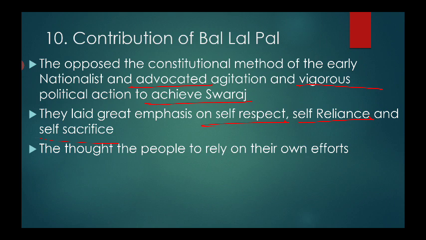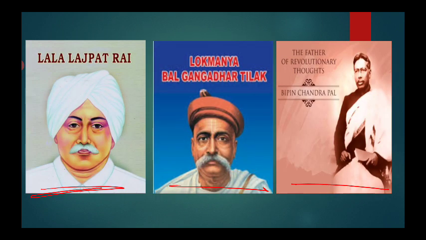So, what were the principles or objectives of the radical nationalists? The central principle or main objective of the assertive radical nationalists was that freedom is the birthright of every Indian. Every Indian deserved to breathe in a free India. They wanted to drive the English out of India and establish a government by the Indians, because they believed that Swaraj was the solution for all the problems of Indians.